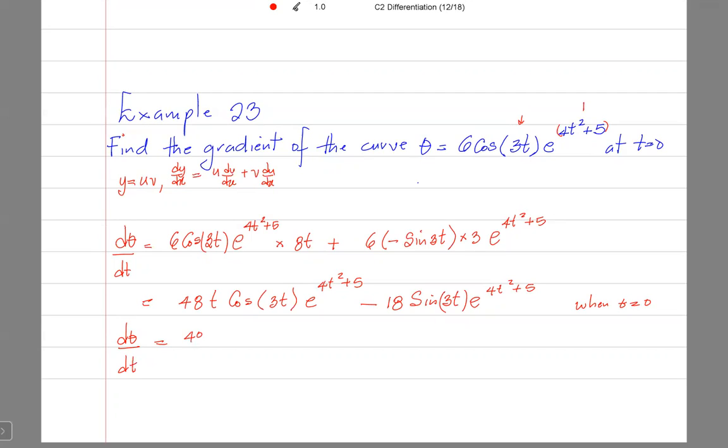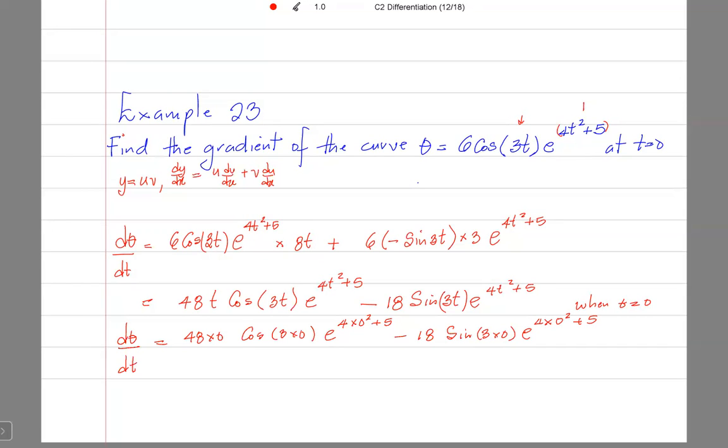So this is 48 times 0, the cosine of 3 times 0, e to the 4 times 0 squared plus 5, minus 18, the sine of 3 times 0, e to the 4 times 0 squared plus 5. So wherever I see t, I take out t and put 0.